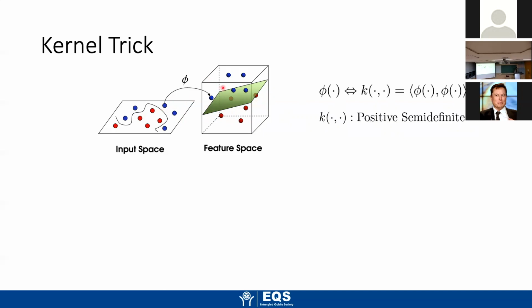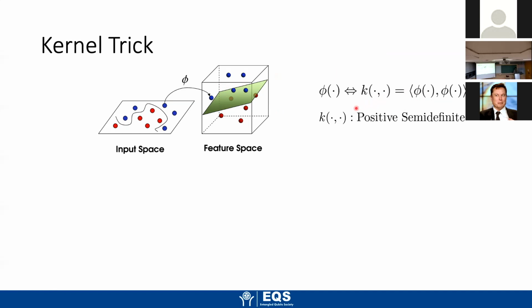That kind of mapping is called a feature map. And if you define the inner product of mapped data, a kernel is the inner product of two mapped data. So a kernel is the inner product in feature space. So we can define the kernel like this.